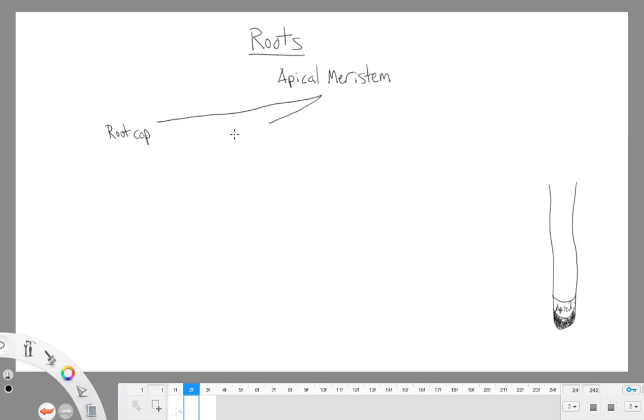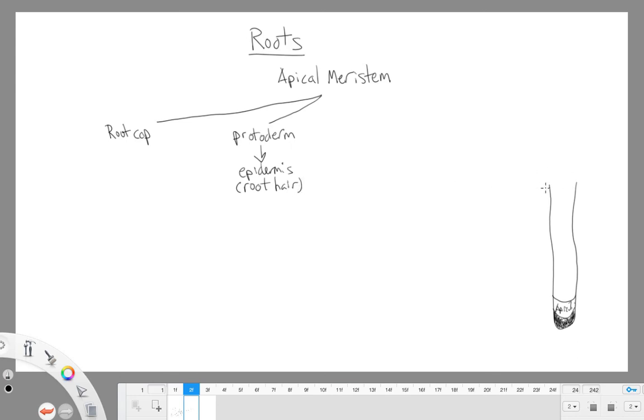So that's the first. The second is our apical meristem produces what we call protoderm. And this protoderm is going to develop into the epidermis, which is the outer layer of cells of our root. In our roots, some of this epidermis also forms root hairs, which are the primary way through which water and other nutrients enter our roots.